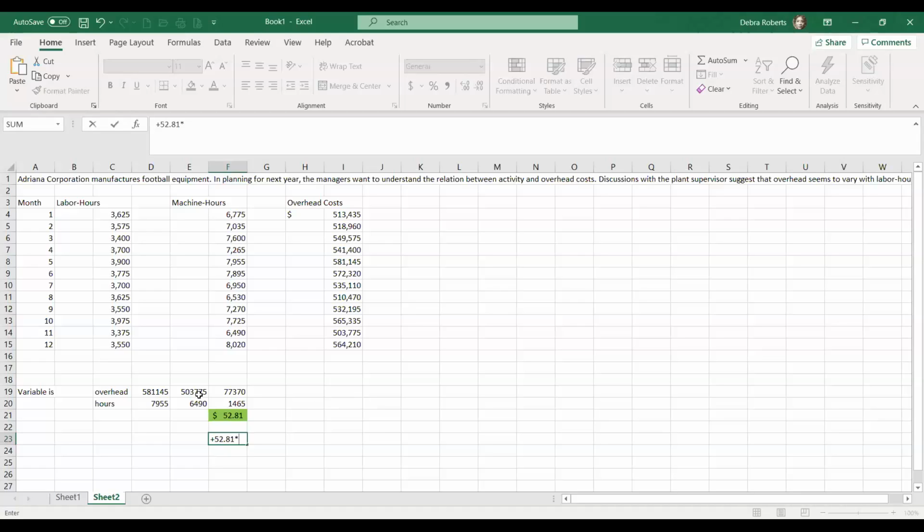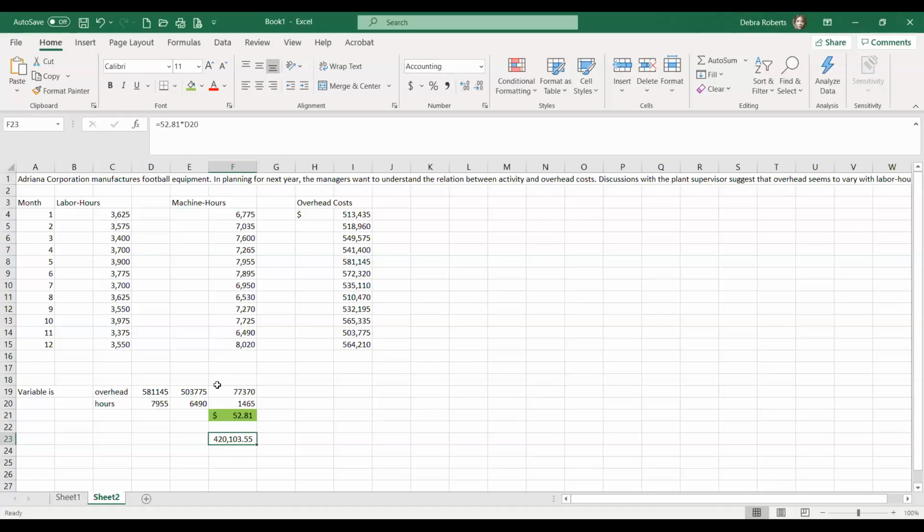Not 8020, excuse me. It's going to be the 7955. Let's go through the process at the very least. Now, let me put this in dollars and units. Now, highlight this. Let's just go through the process.